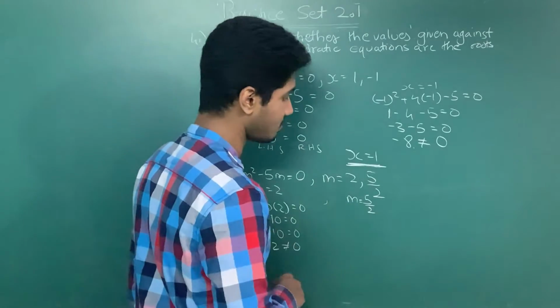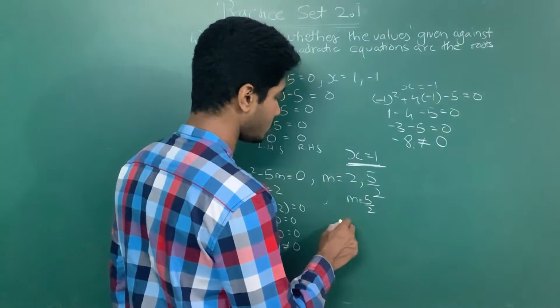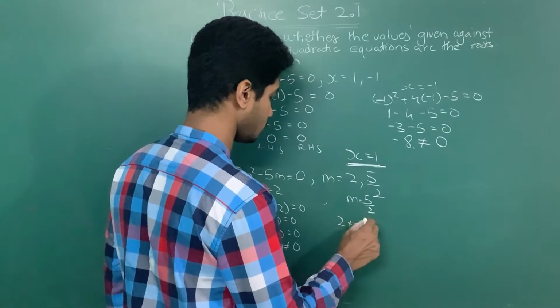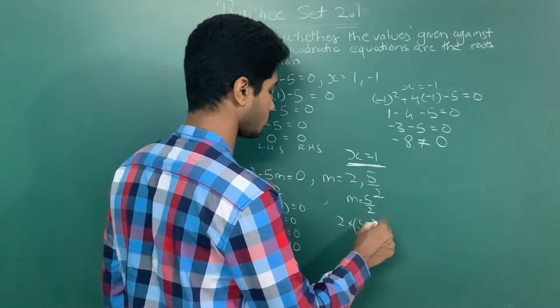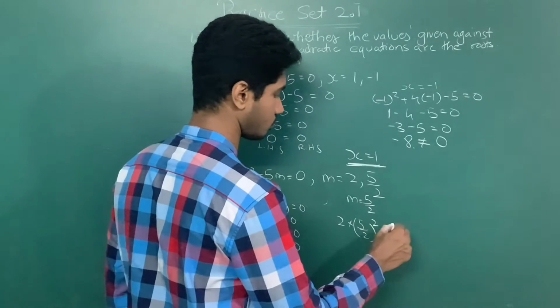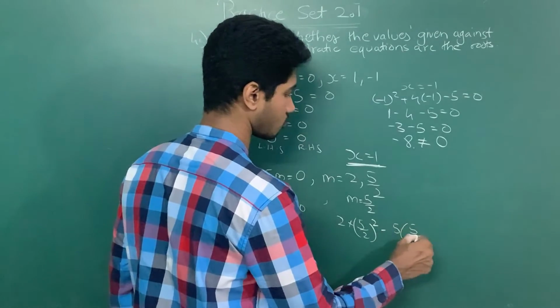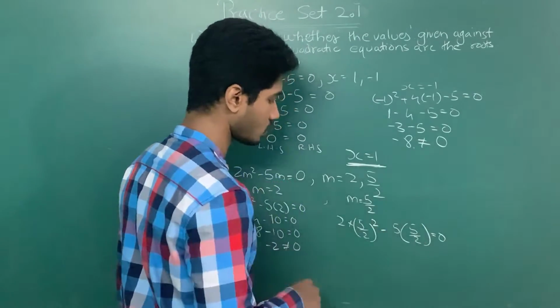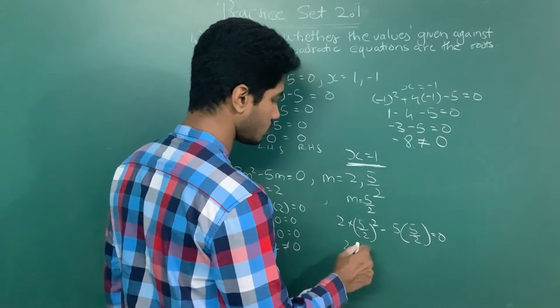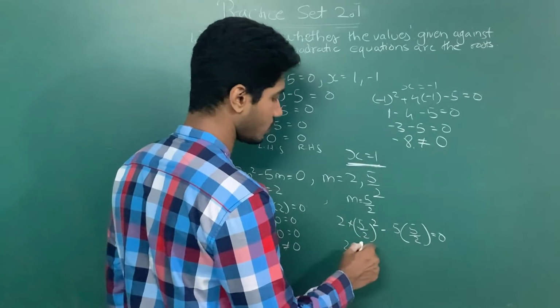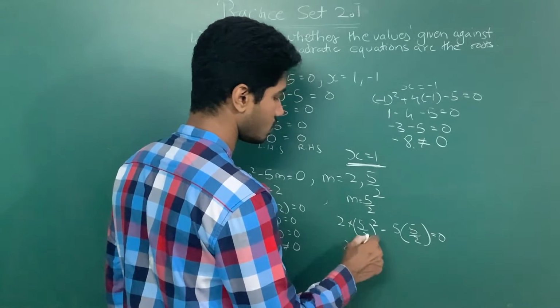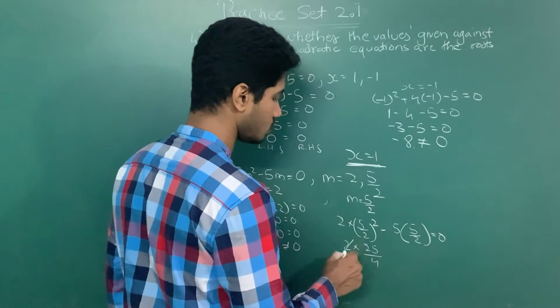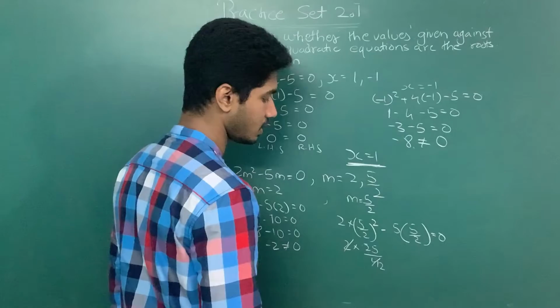Now let's substitute m is equal to 5 by 2. So over here it's a square. So the 5 square will be 25, 2 square will be 4. So this will get cancelled. You'll get 2.